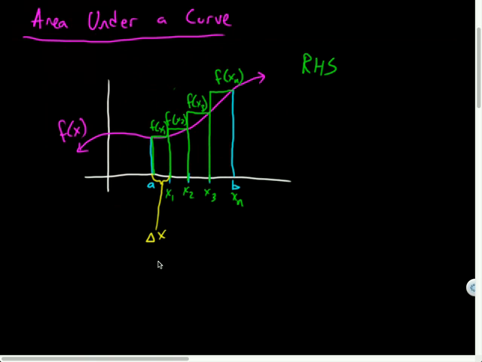If that distance got smaller and smaller, or if n got greater and greater, had, say, an infinite number of rectangles representing this area, or the value of n would approach infinity, I would get more and more accurate results. Would that make sense?